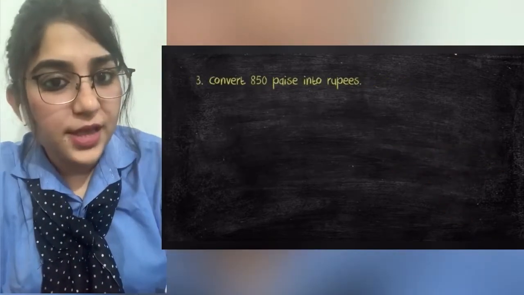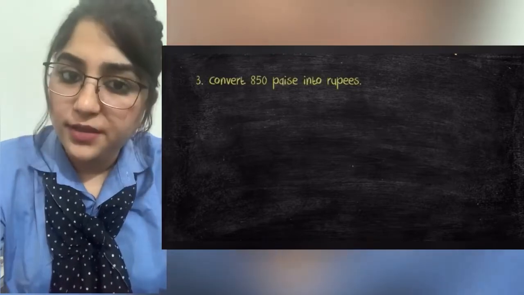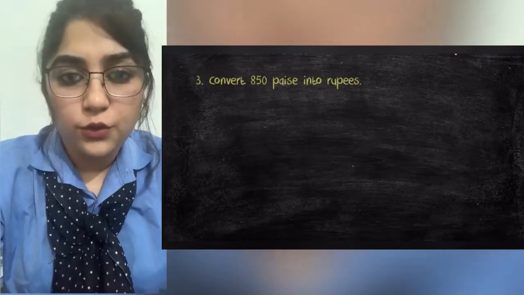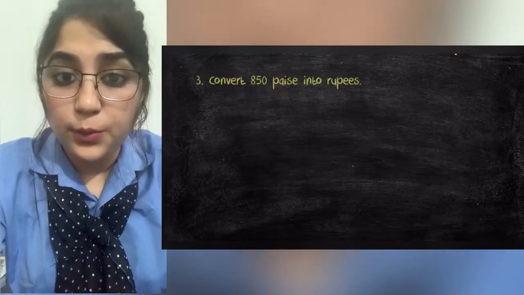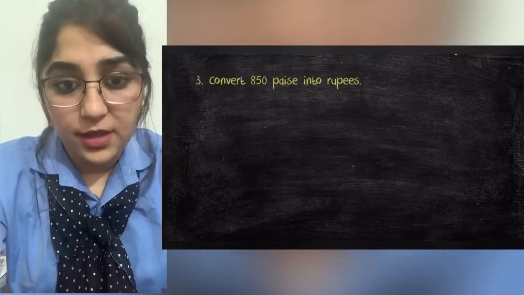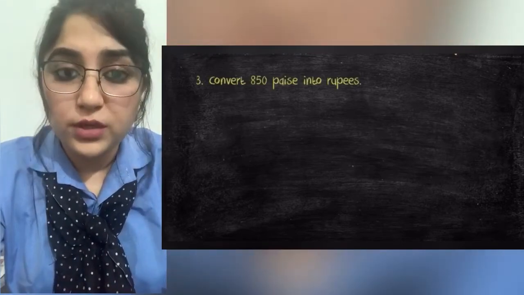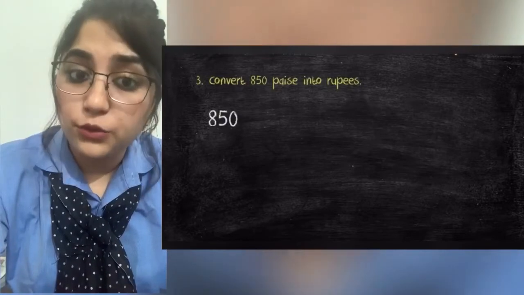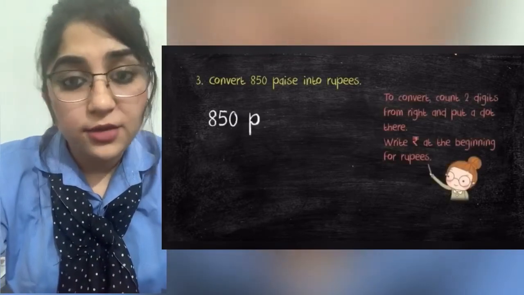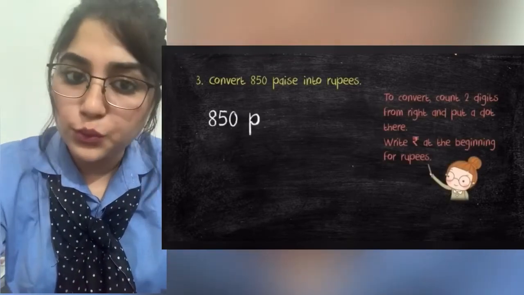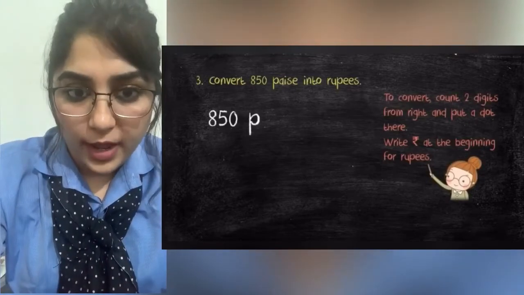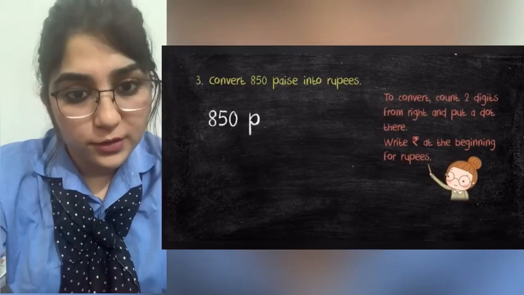Now let's see how to convert paise into rupees. So the question is, convert 850 paise into rupees. Students, to convert paise into rupees, divide by 100, or count 2 digits from right and put a dot there.